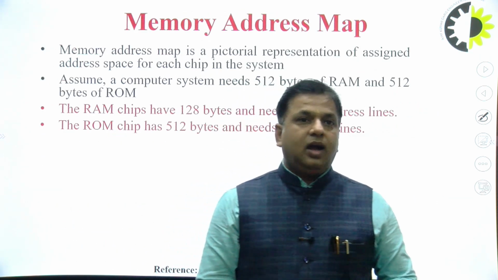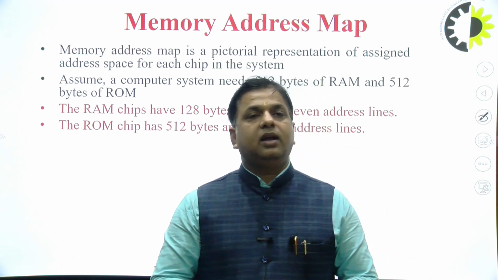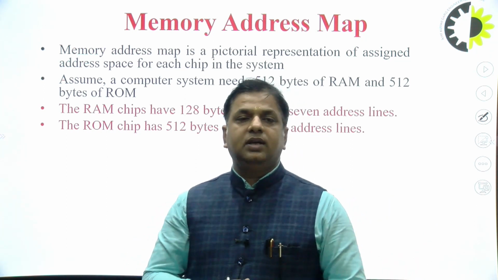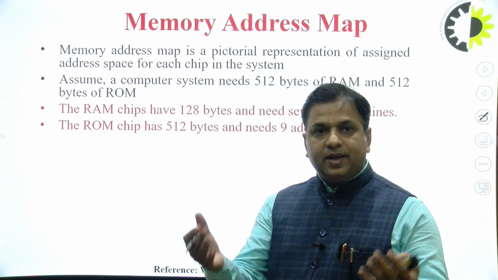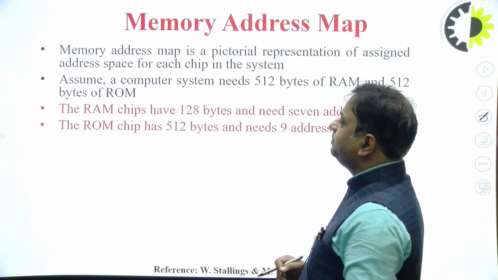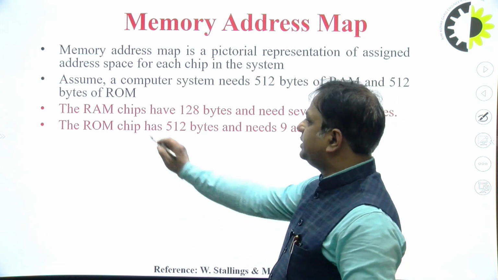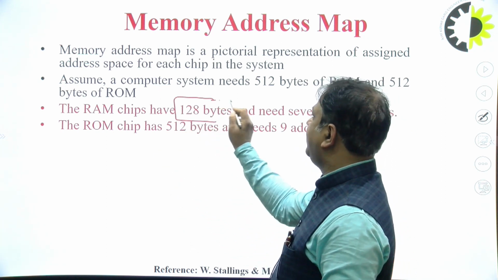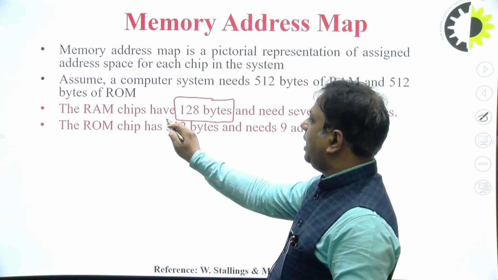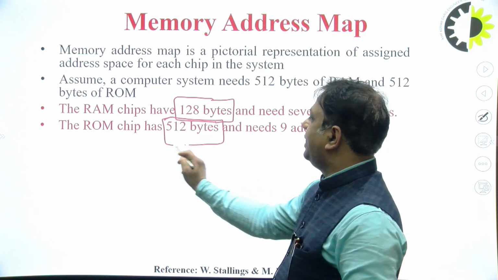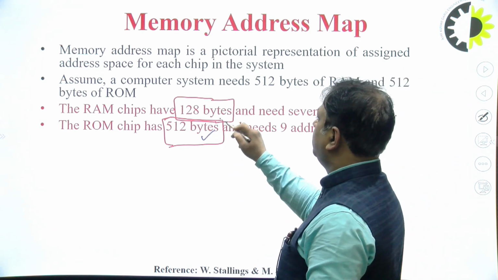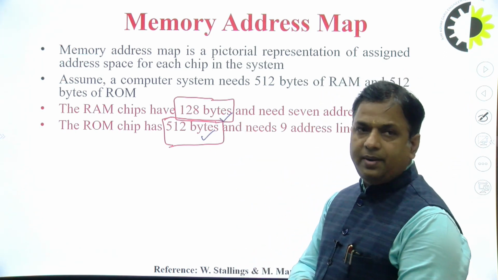Now we have a problem that we need to design a big size of RAM with the help of small size RAMs. We have small size RAMs and we want to design a large size RAM. For example, we have RAM chips of size 128 bytes, and we have a ROM chip of size 512 bytes.